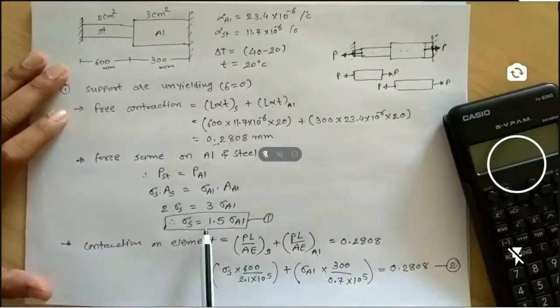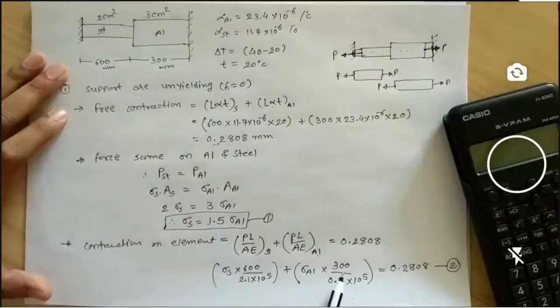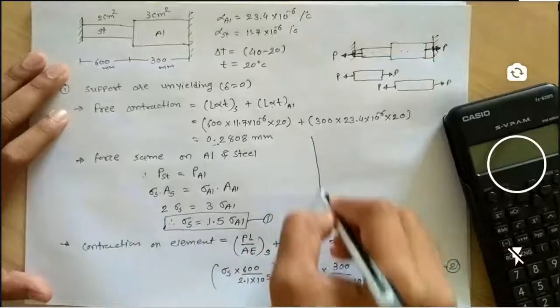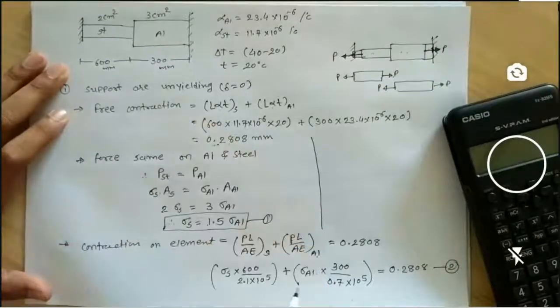Now if you compare equation number 1 and equation number 2, there are two unknowns: sigma S, stress in steel, and stress in aluminum. So if you put these values in these equations, you get the value of stress in the aluminum section and the value of stress in the steel section.